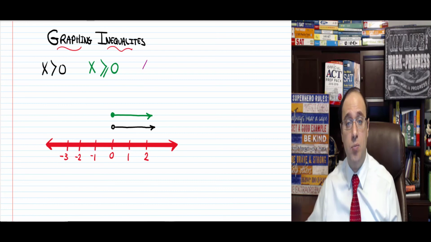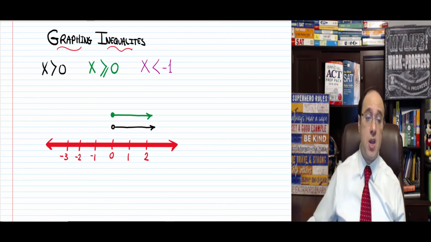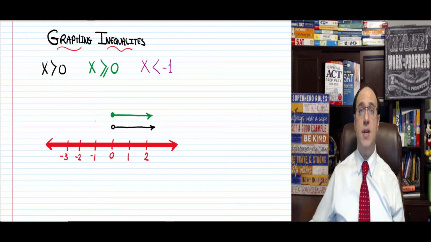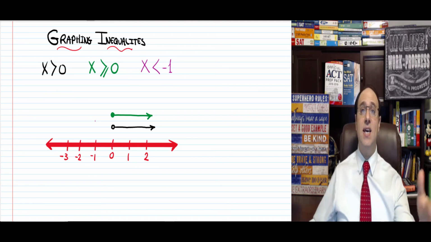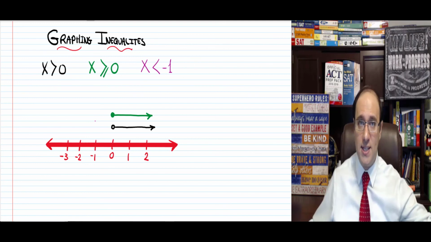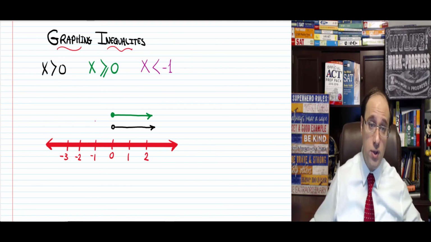Let's say I have x is smaller than -1. Start at -1 right here, okay? Smaller than -1. That means that x is less than -1, and when you have negative numbers, the less you go, the more you move to the left.